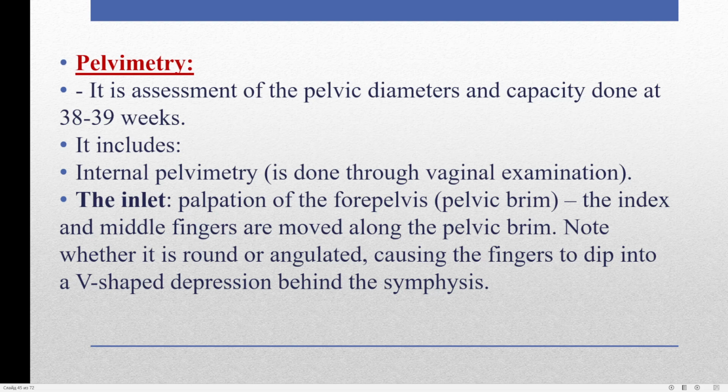It includes internal pelvimetry, done through vaginal examination, and palpation of the pelvic brim at the inlet. The index and middle fingers are moved along the pelvic brim. Note whether it is round or angulated, causing the fingers to dip into a V-shaped depression behind the symphysis.